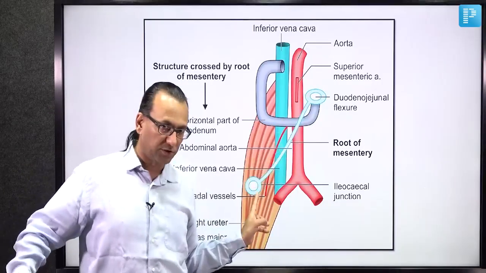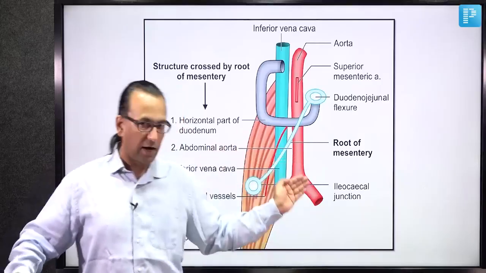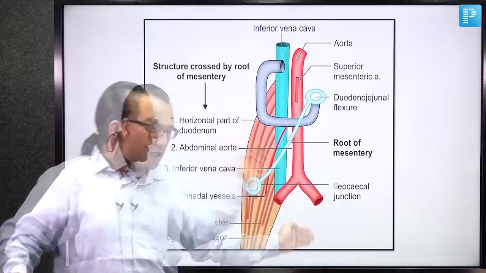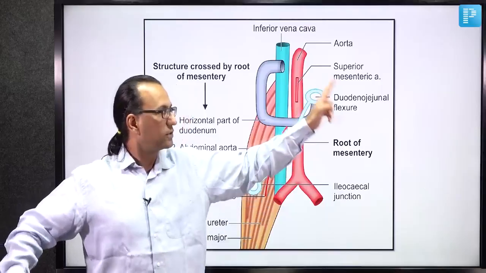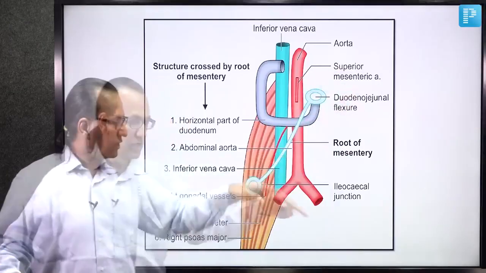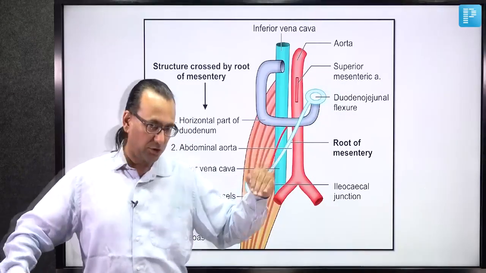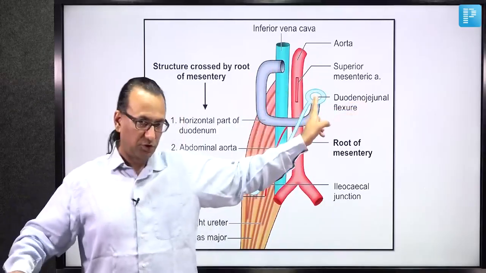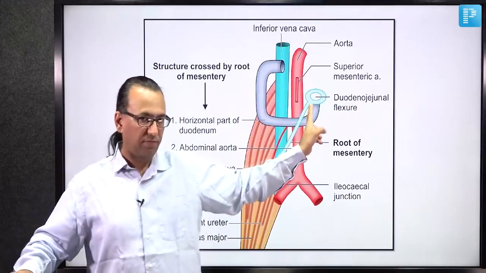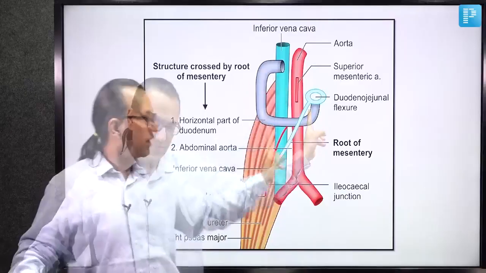Because it is a right-sided structure, it will cross only the right-sided gonadal vessels, right ureter, and right psoas major. It is where the mesentery will be attaching and spreading towards the jejunum and the ileum, so that blood vessels can pass and go supply the jejunum and the ileum, whereas the duodenum becomes retroperitoneal and does not have a mesentery. It has lost it during development.